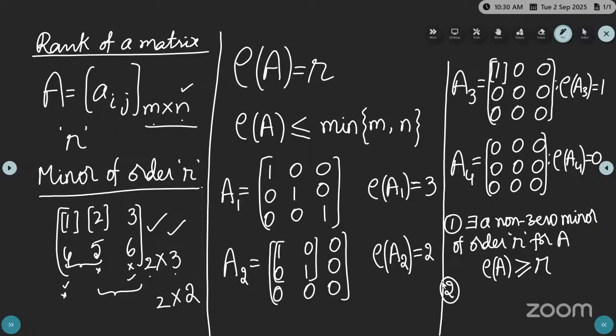Options: greater than R, equal to R, less than R.